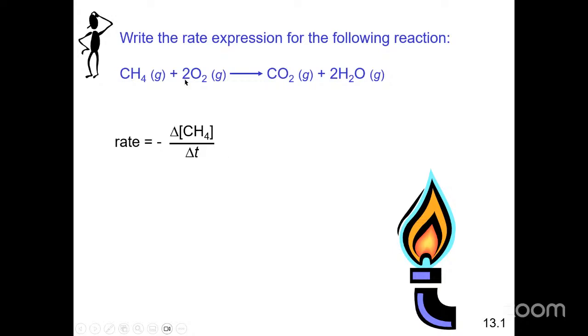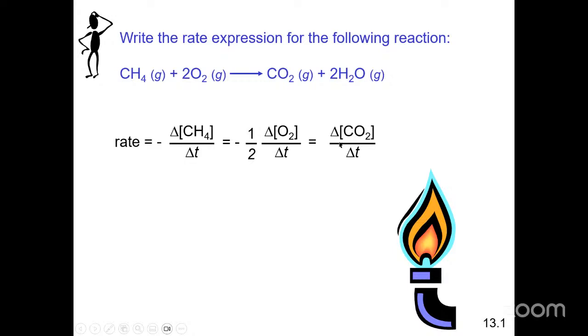And then as far as the O2 is concerned, the next term would be equal to minus half, because of the coefficient of 2, this will be half here, times the rate of change of O2. And then on the product side, this will be equal to the rate of change of carbon dioxide.